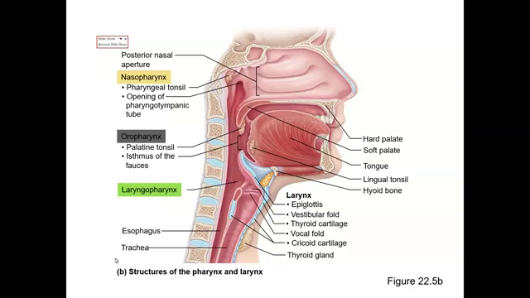And the pharynx also has another function apart from sorting out what goes where. It'll make sure the food goes down the esophagus, and it will protect the airway when we swallow with our little epiglottis here.